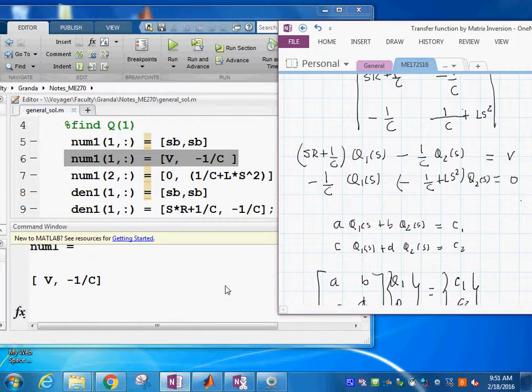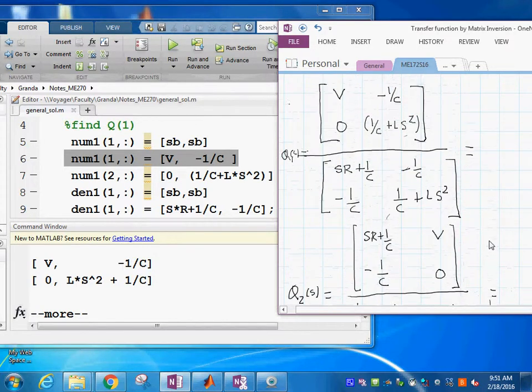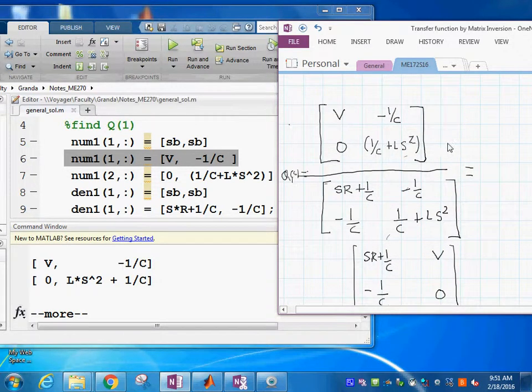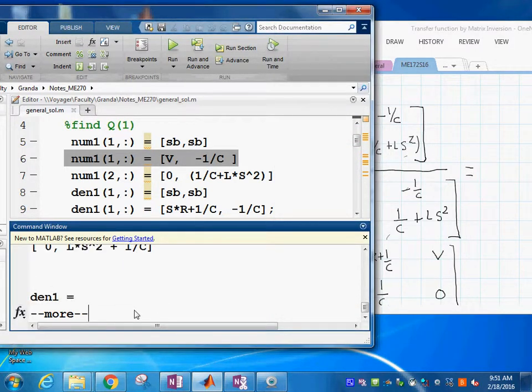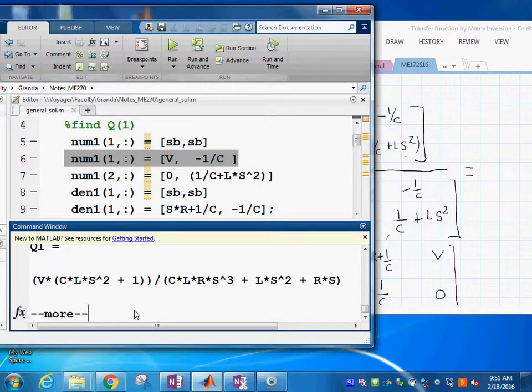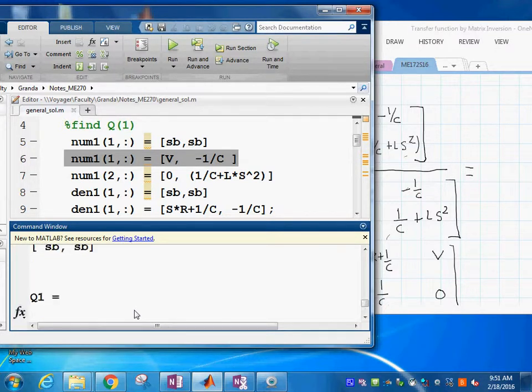This C is a little farther down, the calculation right there. So this one, you see how it calculated the transfer function in here? And there's Q2. And there's V sub C. And you can see now the transfer function of V sub C.